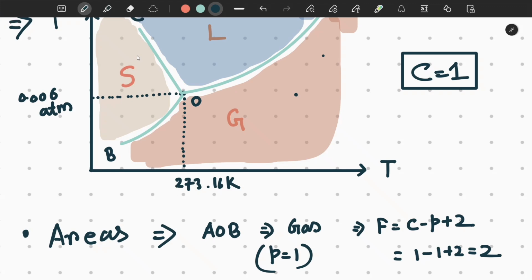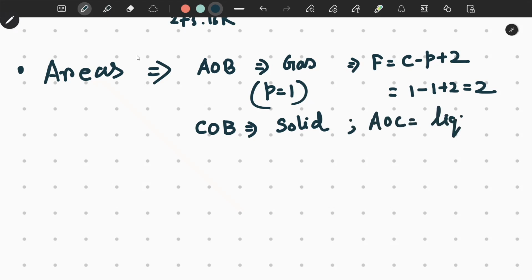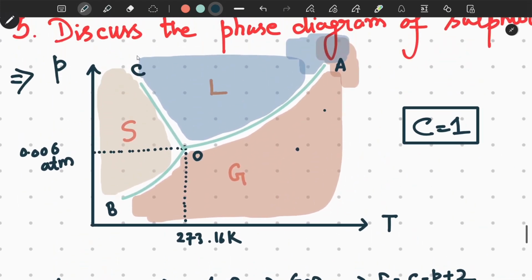So AOB is clear. Next is COB, which is solid, and another one is AOC, which is liquid. For any area, degrees of freedom will be 2 because phase is 1.